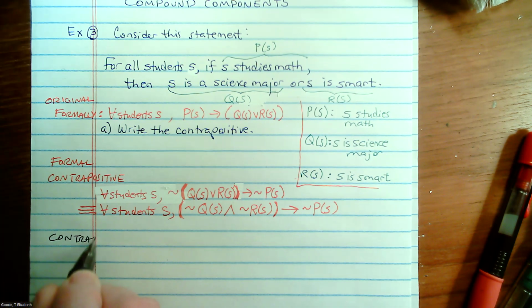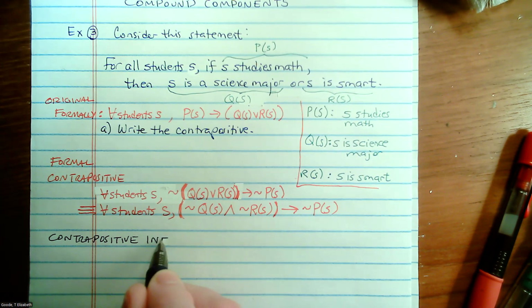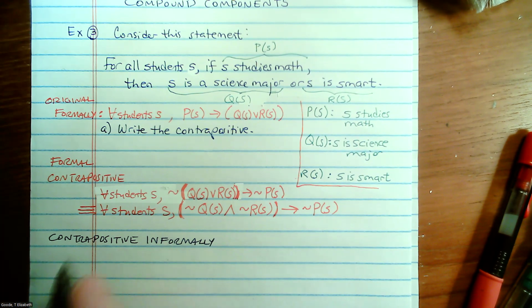Because you were there, you were doing it, but I confused myself. I skipped the formal part. I think it's easier to do it the way you did it. It might help some people. So for every student S, or for all students S, it's fine, you can change plurality.